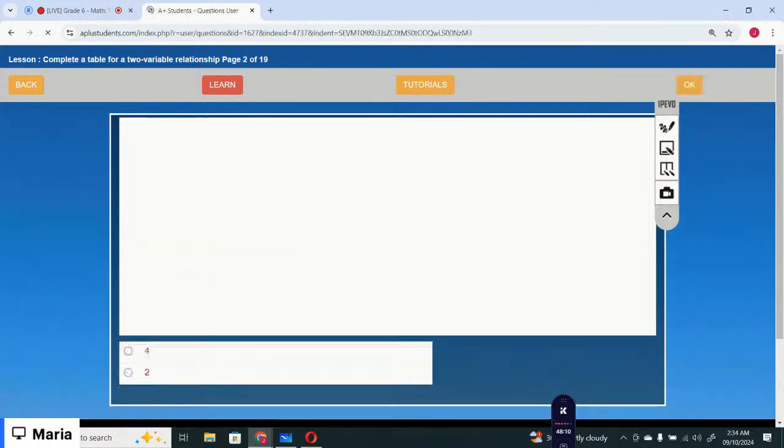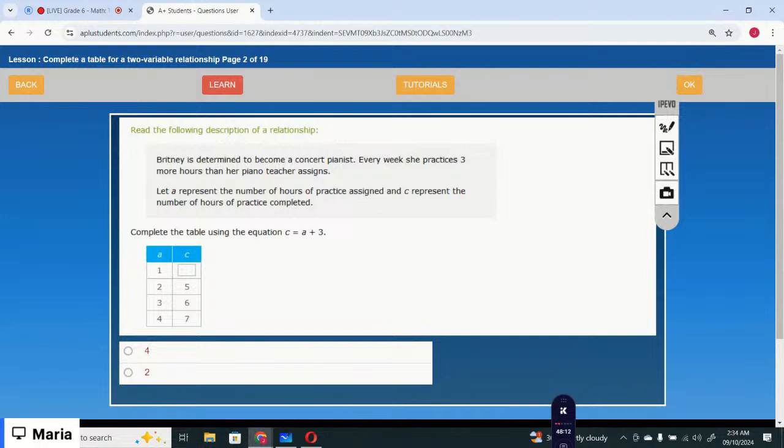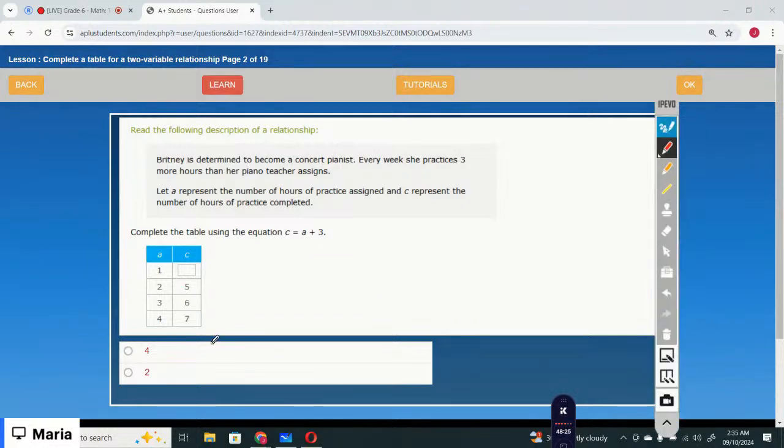Okay, the next one is complete a table using the equation C equals A plus 3. So which is the correct option? So you have C equals A plus 3. You need to find for A equals 1.